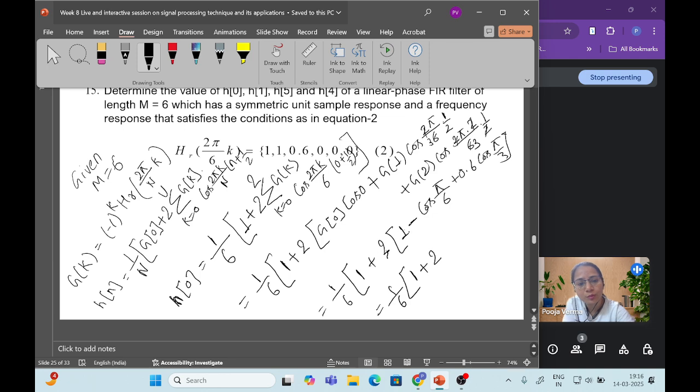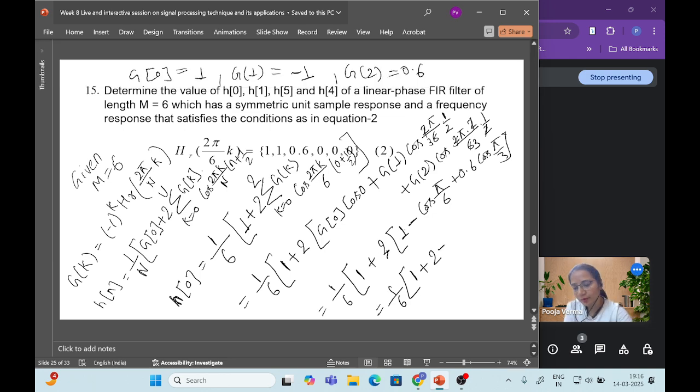So if you multiply 2 cos pi by 6 value, you will get 1.732, and cos pi by 3 is 1 by 2, so 2 will be cancelled out, so it is 0.6 only. Okay, now further, if you add and divide it by 6, you will get 0.3113. You will get it.